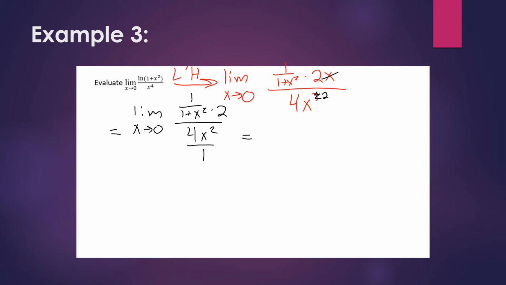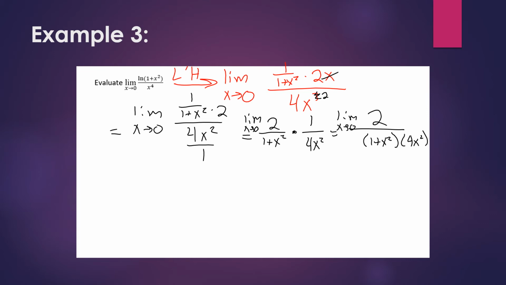So my numerator, I'm going to simplify this as 2 over 1 plus x squared, and I've dropped my limit. I need that limit as x approaches 0, times flip and multiply, 1 over 4x squared, and this will give me 2 over 1 plus x squared times 4x squared. And I forgot my limit again.